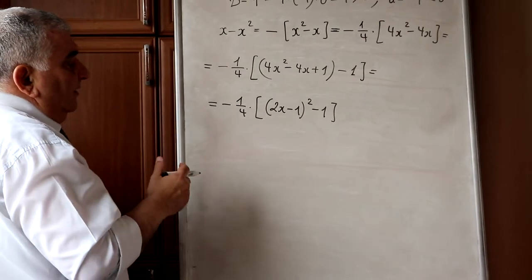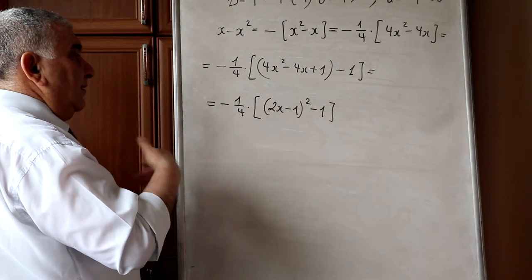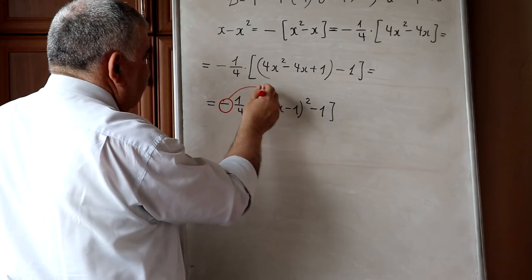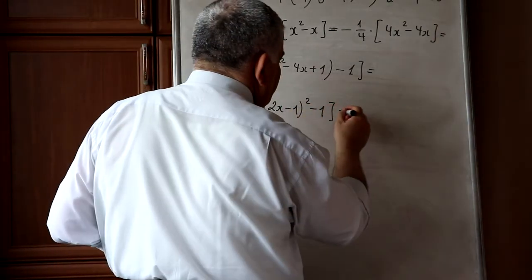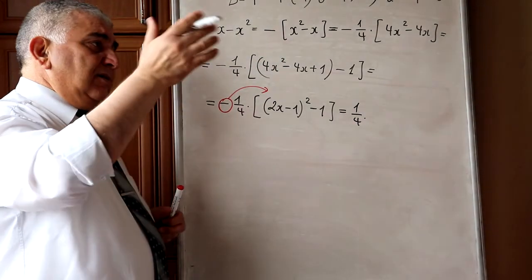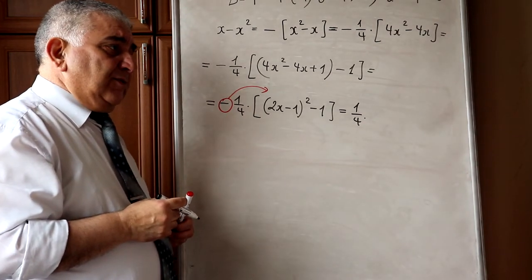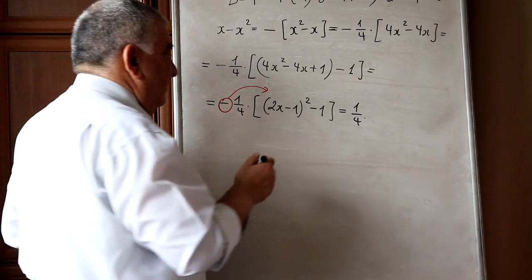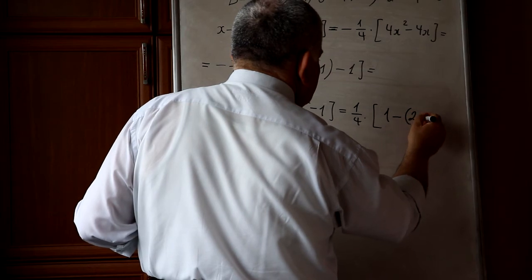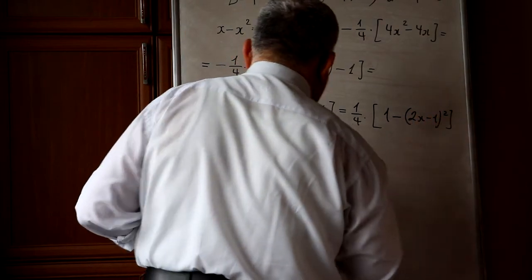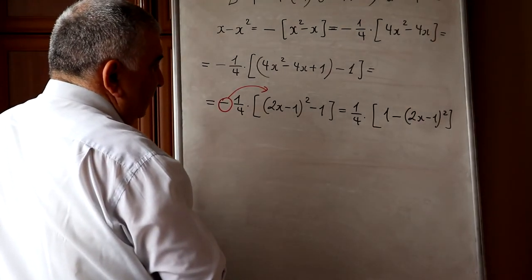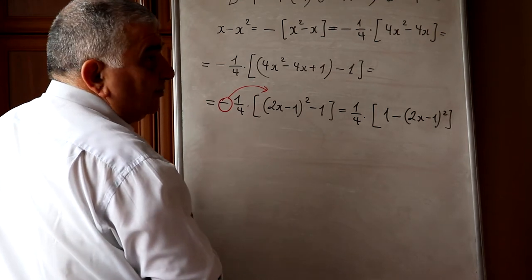Then again introduce the negative sign into the brackets. It is 1 fourth multiplied by (1 minus (2x minus 1) squared), because I want to reduce this expression to the type 1 minus t squared. Now we can change 2x minus 1 by a new variable t.